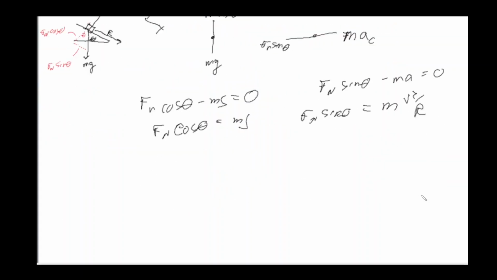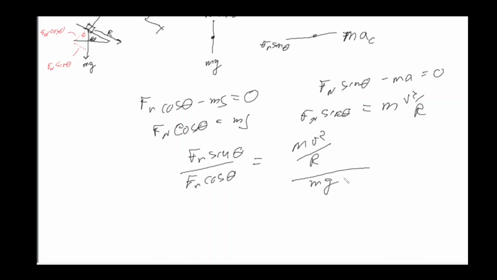Again we're looking for the angle theta, so if we then put one equation above the other, we get Fn sine theta over Fn cosine theta is equal to m v squared over r over mg.